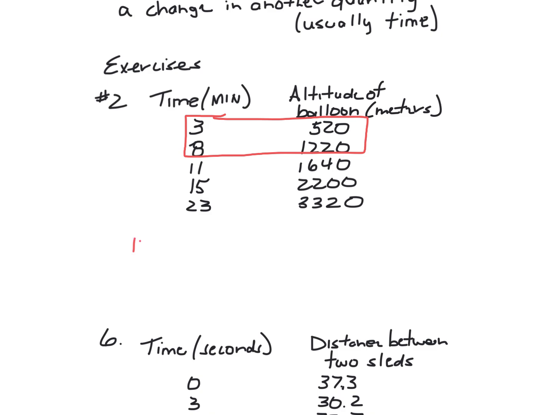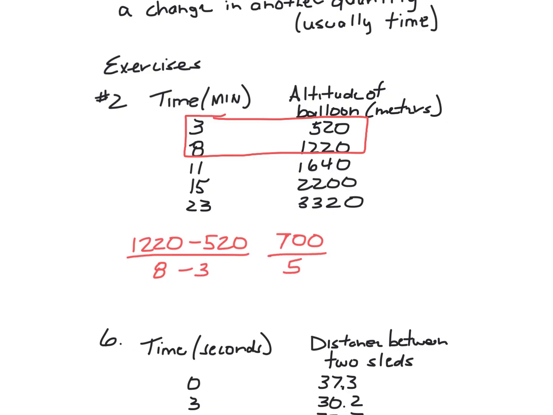So I take 1220 and subtract 520, which gives us 700, and divide by the change in the time, which is 8 minus 3, or 5.